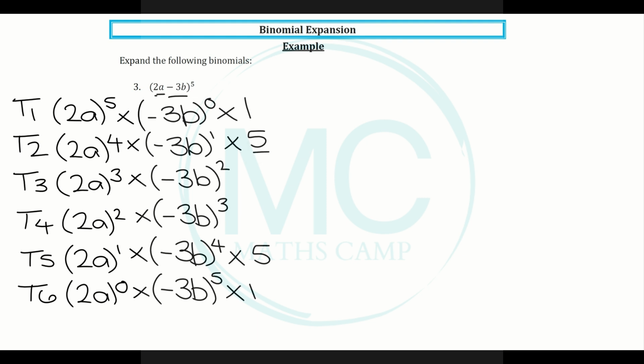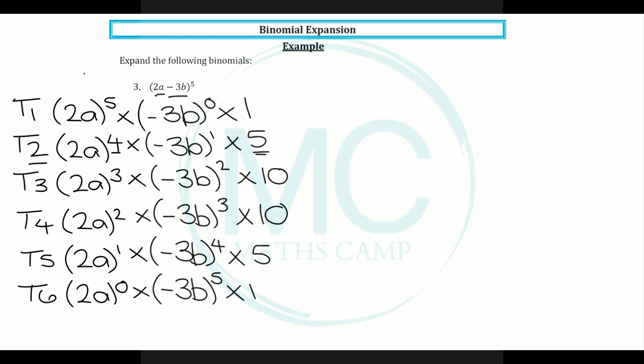I have 5 multiplied by 4, which gives me 20, divided by the position 2, which gives me 10. So multiply this by 10. And remember that the constants mirror the first and last term, second and second last term, and third and third last term, which means our fourth term is also multiplied by 10.